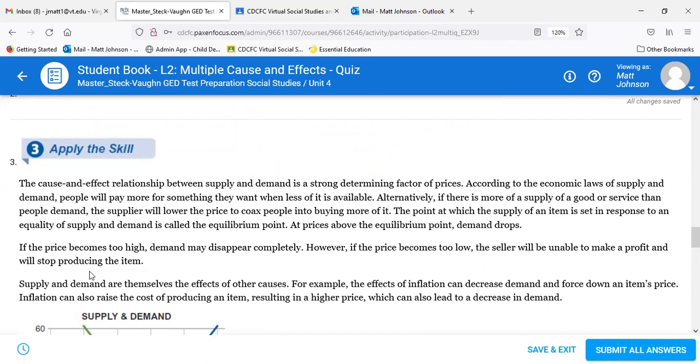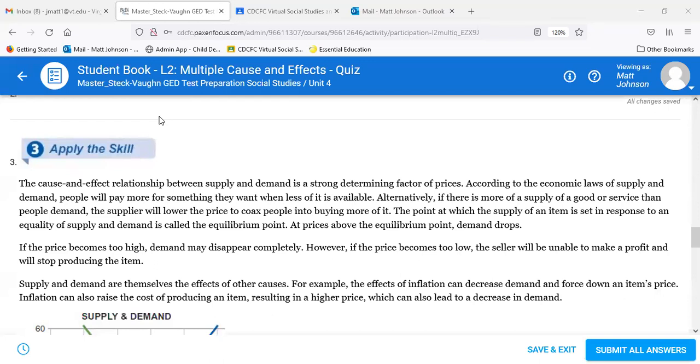Yes. Number 3. The cause and effect relationship between supply and demand is a strong determining factor of prices. According to the economic laws of supply and demand, people will pay more for something they want when less of it is available.